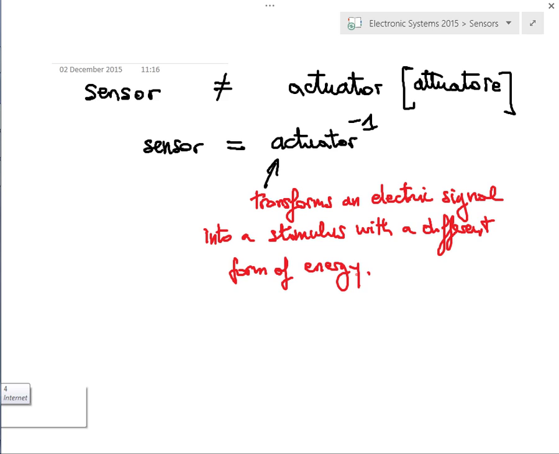Now, this way, of course, for example, the microphone is a sensor because it transforms acoustic waves, so a signal in terms of acoustic energy, into an electric signal. And the loudspeaker is, by this definition, an actuator because it transforms an electric signal into acoustic waves.